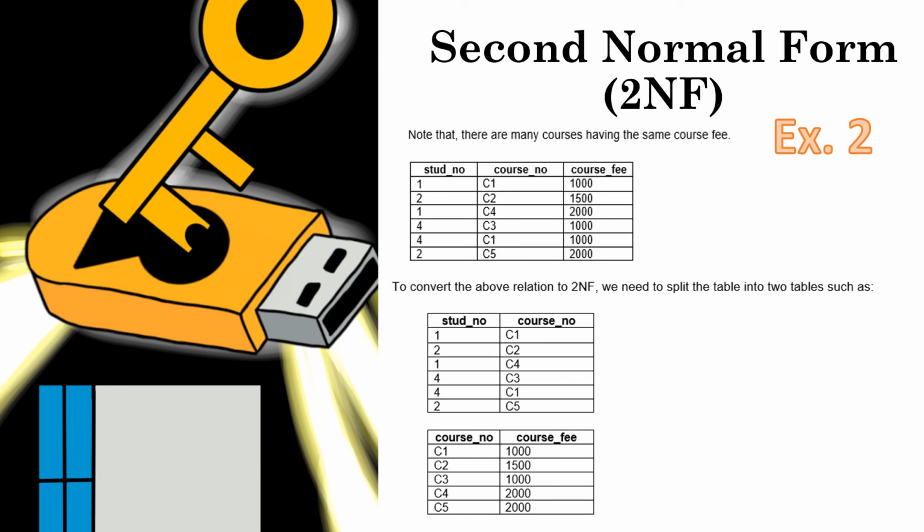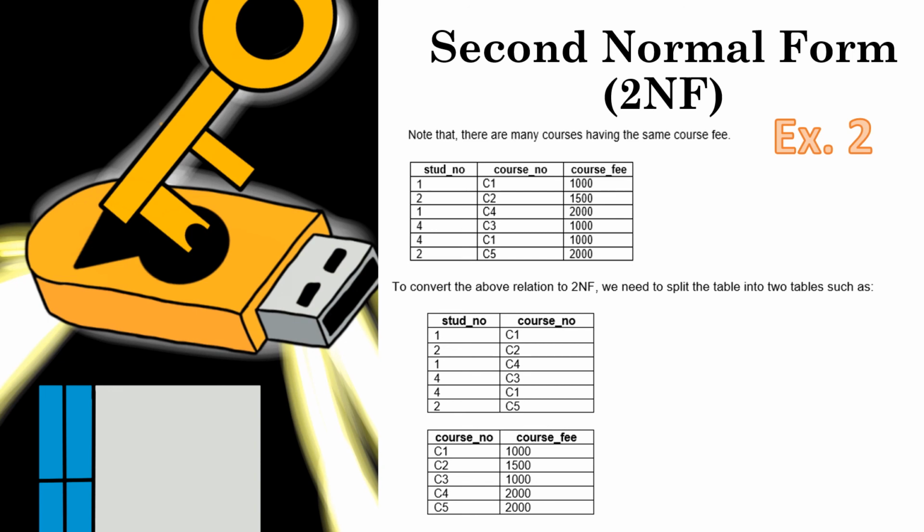So, to convert the above relation to the second normal form, we need to split the table into new tables. We have to remember that the second normal form tries to reduce the redundant data getting stored in memory.